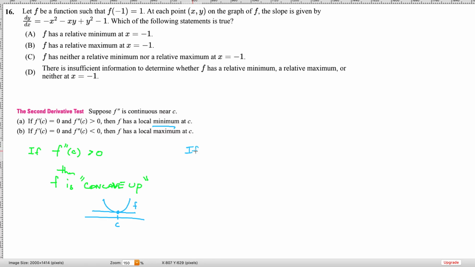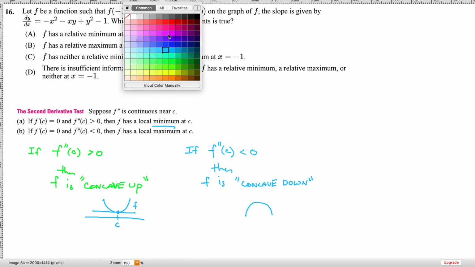If f double prime of c is negative, then f is concave down, and that looks like that.